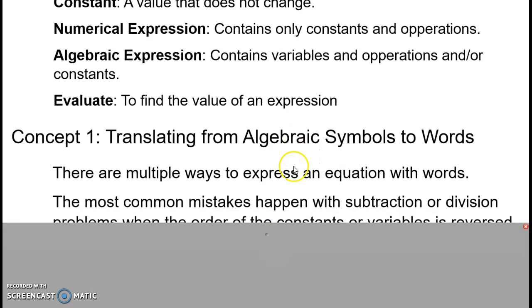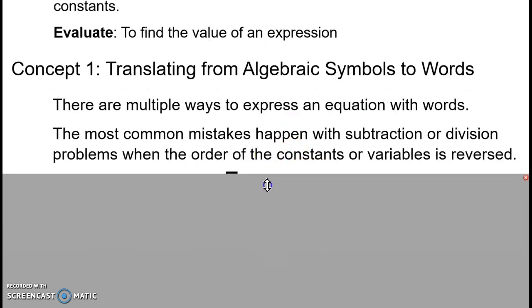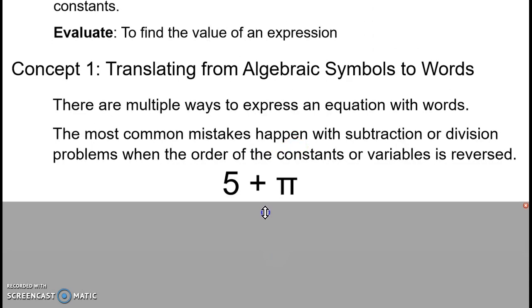The first concept we're going to be looking at is translating from algebraic symbols to words. So right here we have 5 plus pi. This is algebraic symbols. This is an algebraic expression. 5 plus pi, when you say it out in words, that is the translation. Okay? There are multiple ways to do this.